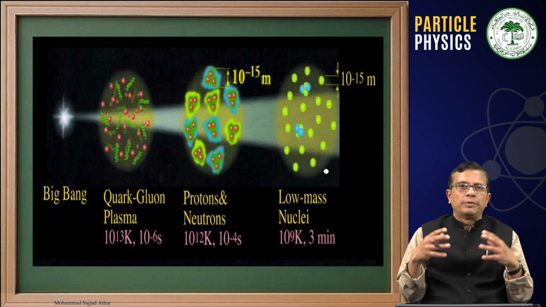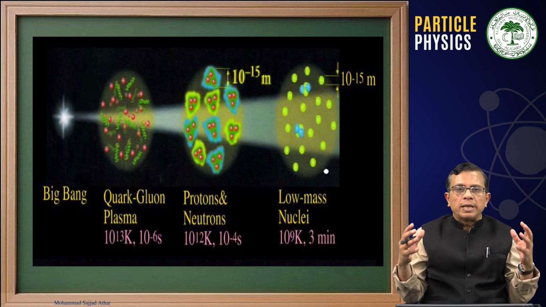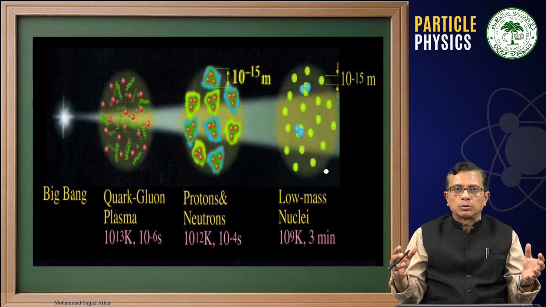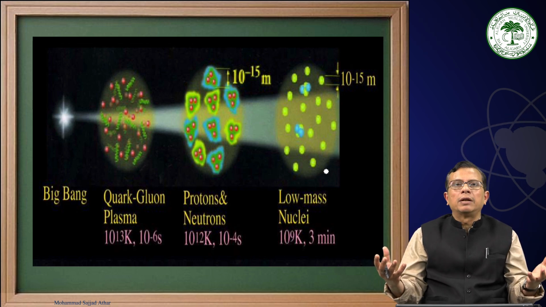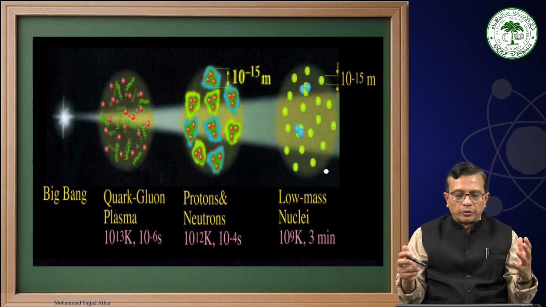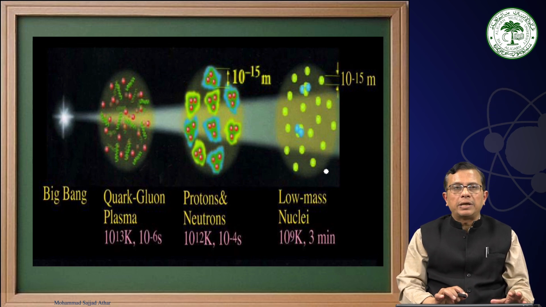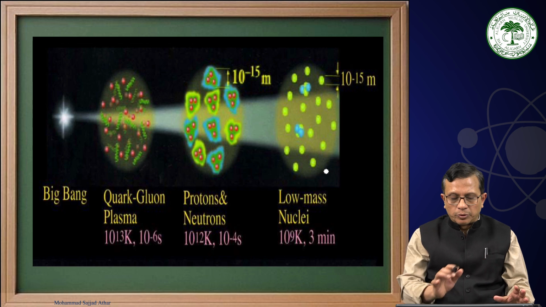And that means we want to see, when the universe was microseconds old, what was the real physical situation. And therefore we have the Big Bang, then we have the quark gluon plasma, left to right.